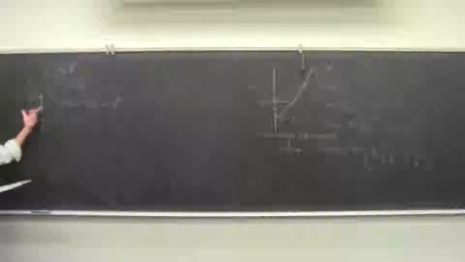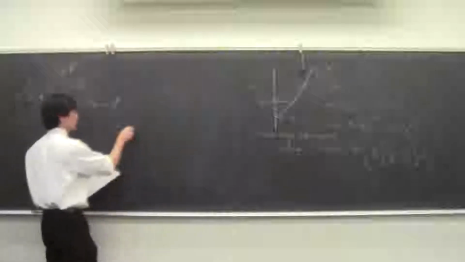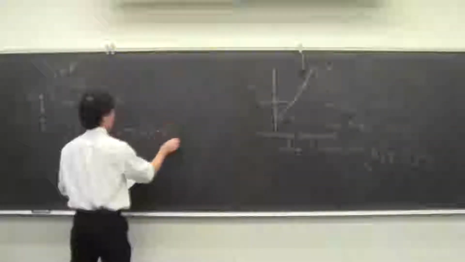Okay. So I take that thing and I rotate it around, and when I do that, I get 2 pi times the radius. Well, the radius is x, right? 2 pi x times that height, and I have this thickness.